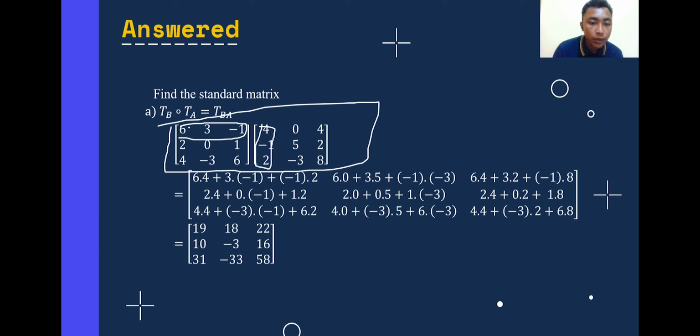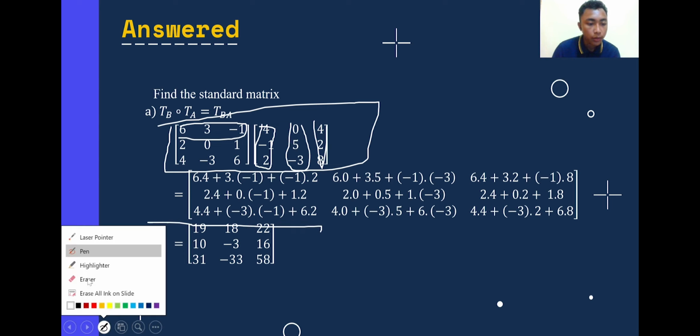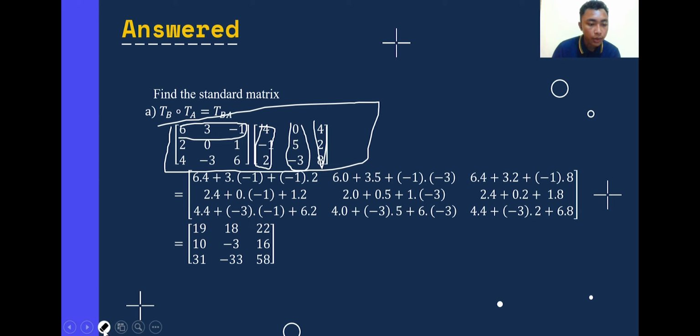So this is the result. 6 multiplied by 4, 3 multiplied by minus 1 multiplied by 2, and after that we multiply with this, and we do this more, and the final result is this. In this case, we just need to do matrix multiplication in 3 dimensions.